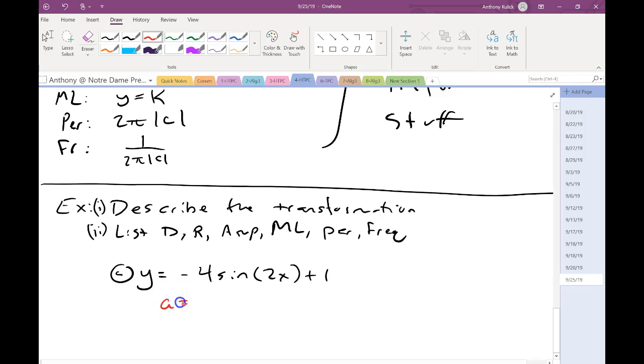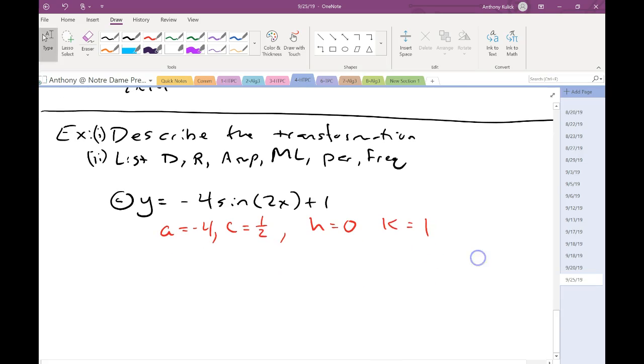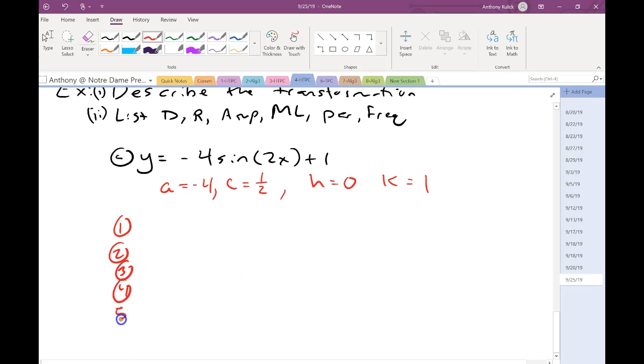So let's first start by writing down our values for A, C, H, and K. What's my value for A here? -4. What's my value for C? 1/2. What's my value for H? 0, and my value for K. So to describe my transformation, I'm just going to write my 1, 2, 3, 4, 5, 6. So the 1 and 2 have to do with the C's. Since C is positive, there's no reflection.